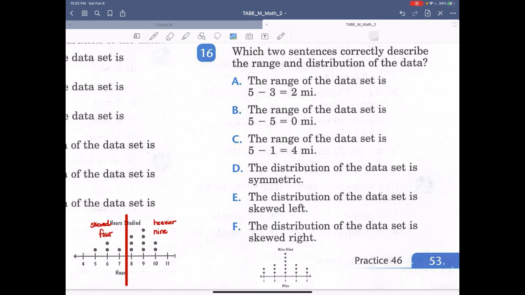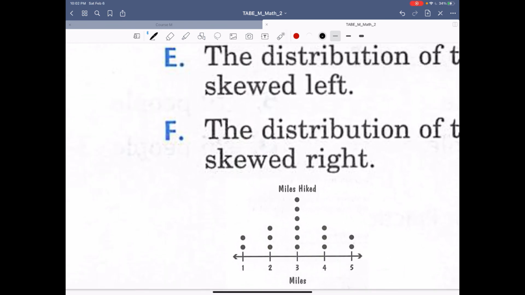Okay, remember our range was 4, so we can pick C. And then we need to look at distribution. I love it when it looks like this. This is a beautiful normal distribution. Because look at, here's the midline. And then look at how this is distributed. It is symmetric. If you imagine a mirror right here in the 3s, if this is a mirror, it is the same on both sides.